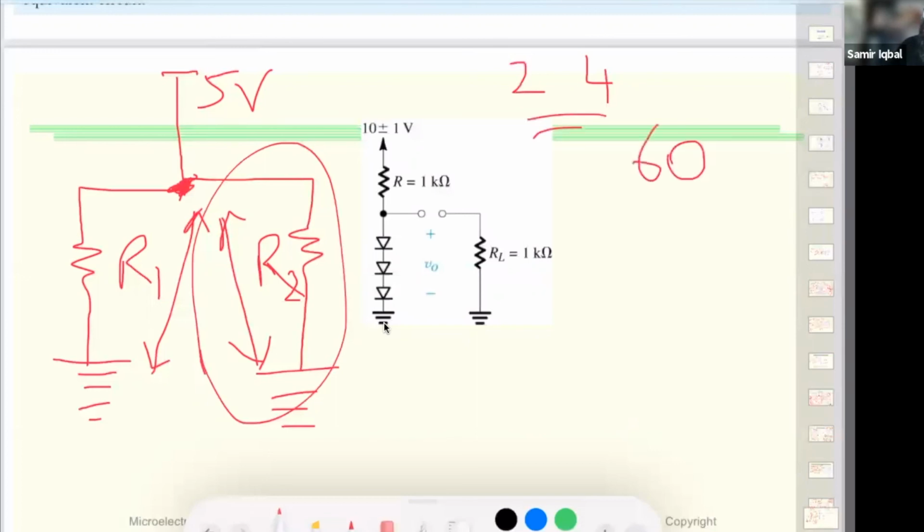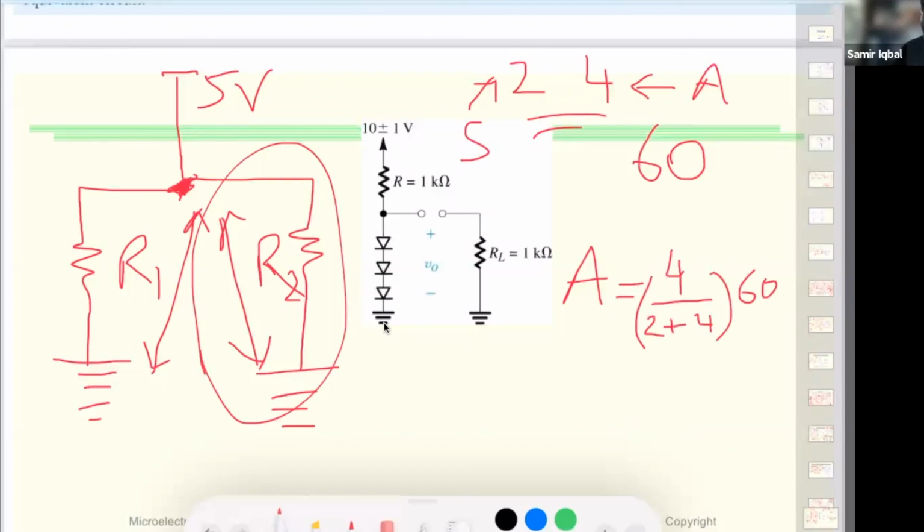This was S, me, this was Elisa, A. Now tell me how much Elisa gets from this 60? She pitched in 4, so she would get $40. All right, how do we get there? We get there with 4 divided by 2 plus 4 times 60. Right? We found her ratio in the whole investment.